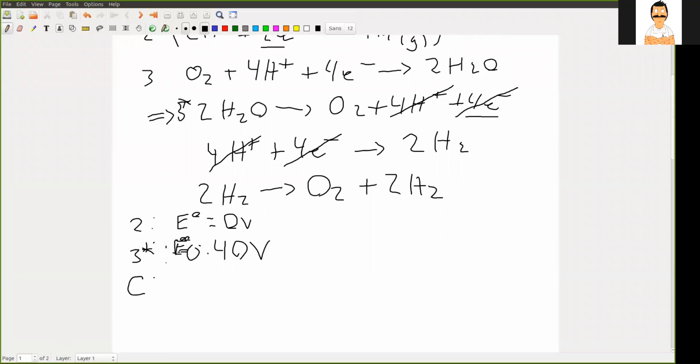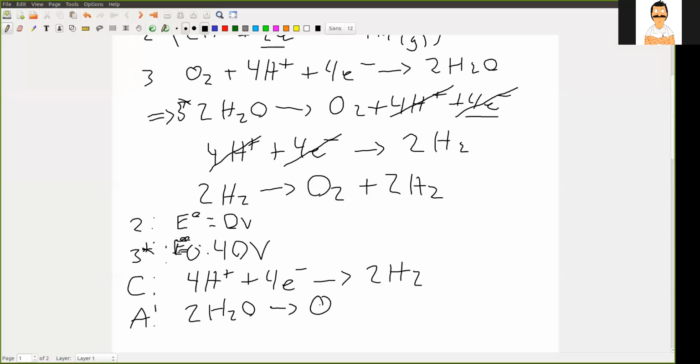At the cathode, you have 4H+ plus 4 electrons yielding 2 hydrogens. And at the anode, you actually have your 2 H2O yield O2 plus 4 protons plus 4 electrons.